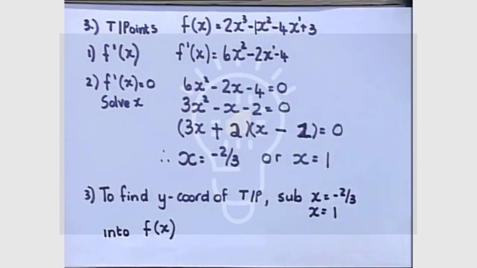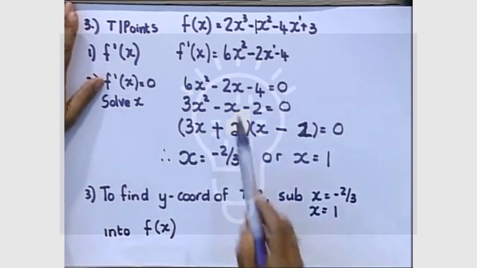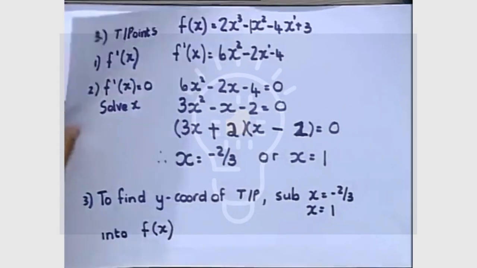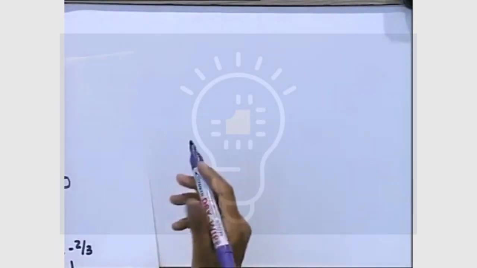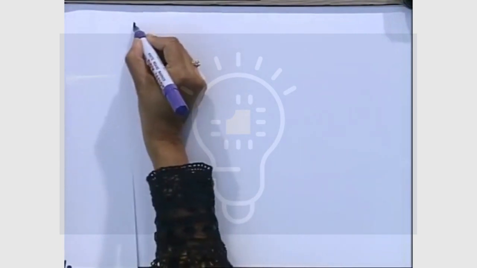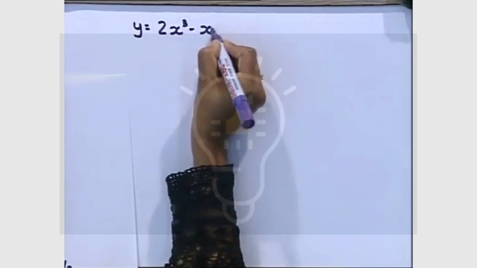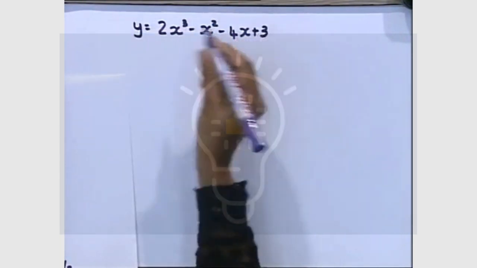Right, I'm going to wait for you quickly to write that down, just see if everybody is okay. And then we have to find the y coordinate, substitute this into f of x. I want you all to sit with your calculators, take this point, substitute it into f of x, substitute the 1 into the place of x, and you can tell me what you get. If I substitute now, remember we are finding the y coordinates of the turning point. So you take your f of x, which is y, and we substitute it into the original equation.